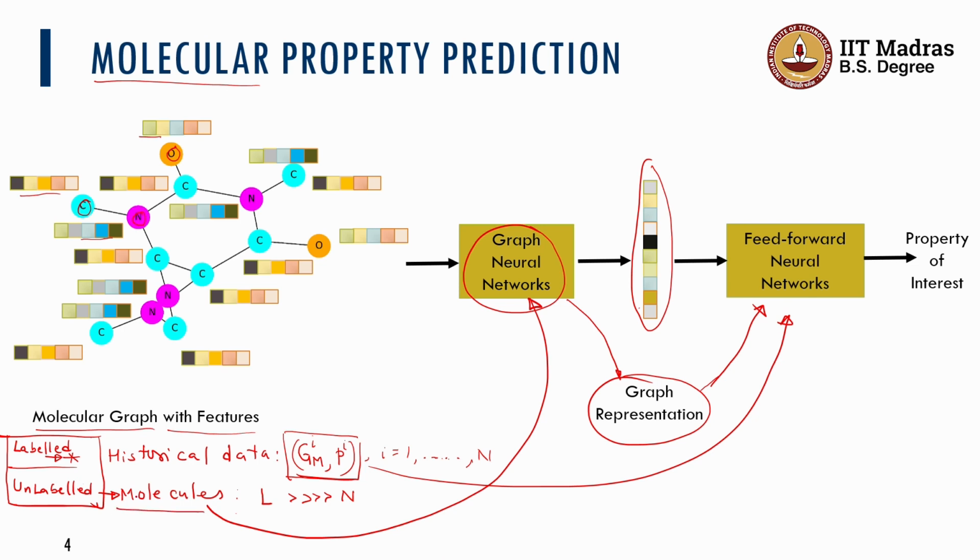And that's what a molecular property prediction task is all about. Given a molecule, we want to predict a property using graph neural networks and feed-forward neural networks.